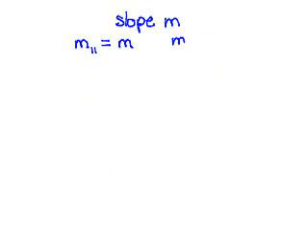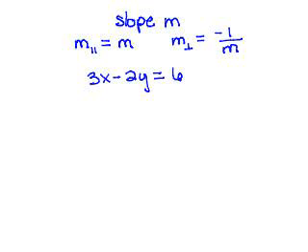Whereas the slope of a line perpendicular to a line with the slope of m is going to be the negative reciprocal of m.